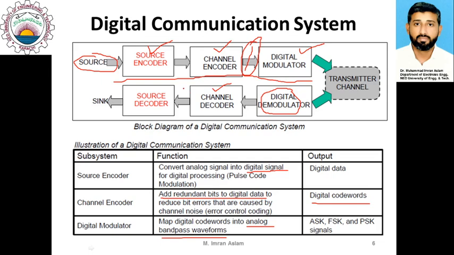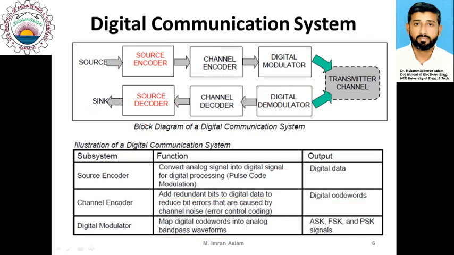The received binary data is delivered to the source decoder, which transforms the signal into the original format so that the information is delivered to the sink. So this is an overall flow of digital communication systems.